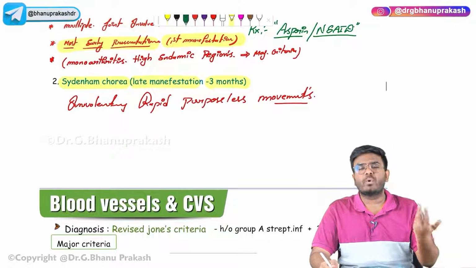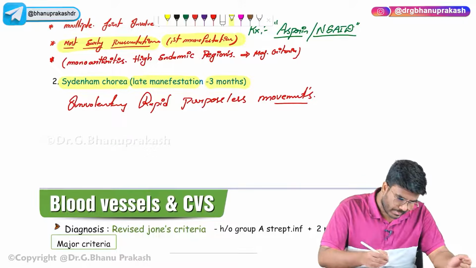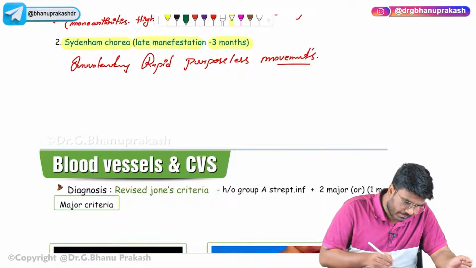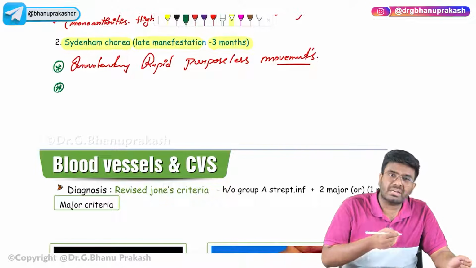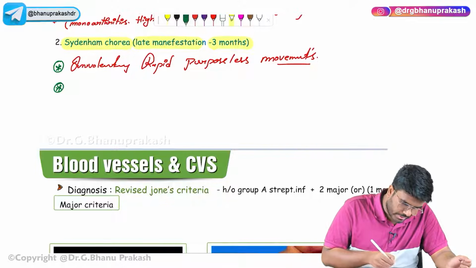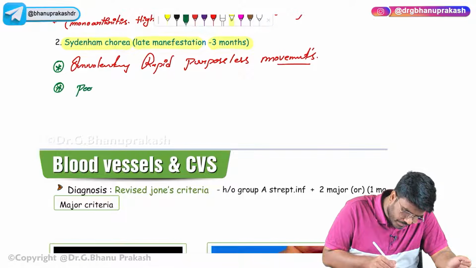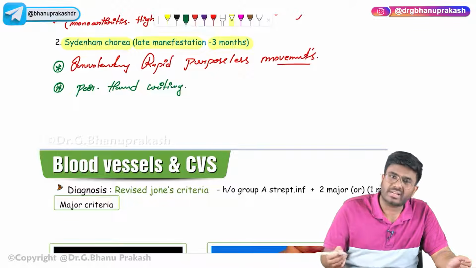What exactly is chorea? Chorea is the purposeless, fast, involuntary movements. Now, because of this, in a 10-year-old child, what can be seen? Because of these purposeless movements, the patient is going to have poor handwriting. Okay, bad school grades are going to be there.